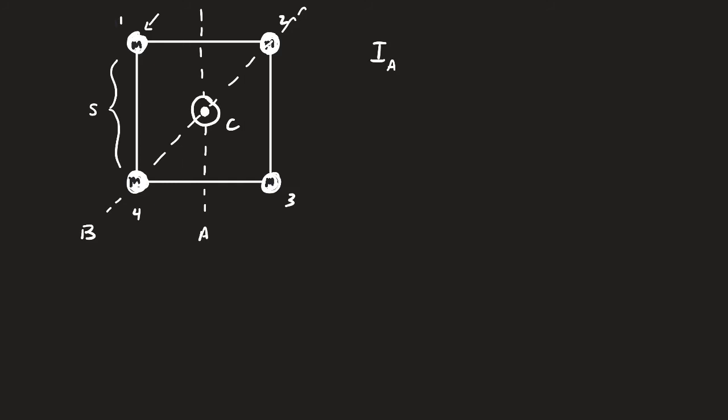Isn't every mass the same distance away from the axis of rotation? So I could say it's m1 times s over 2 squared and keep adding that together, but m1, m2, m3, and m4 are all the same mass. So, exploiting the symmetry, I'm just going to multiply by 4.